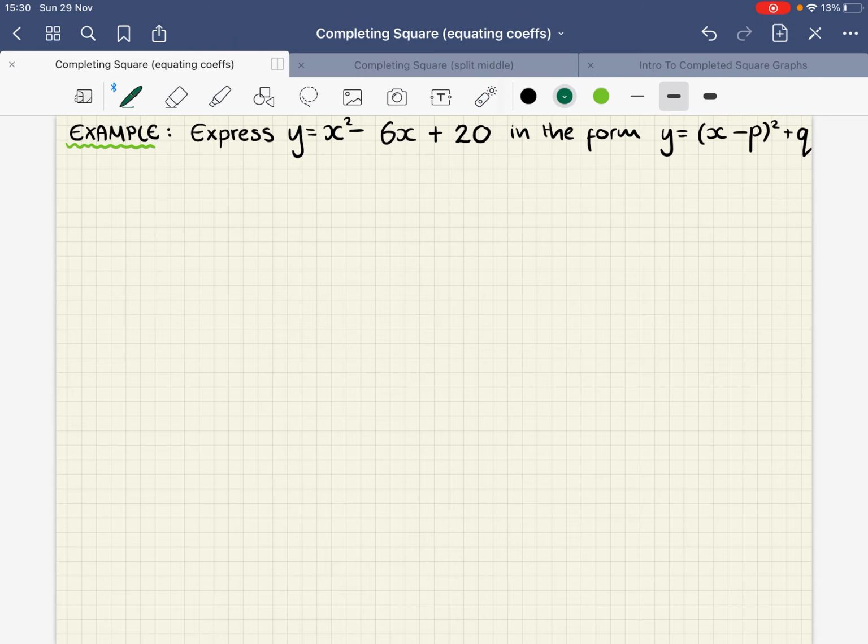The rest of it is still going to be the exact same. So I want to expand out that x minus p squared plus q. So that means I've got x minus p, and put the second bracket next to it plus q.